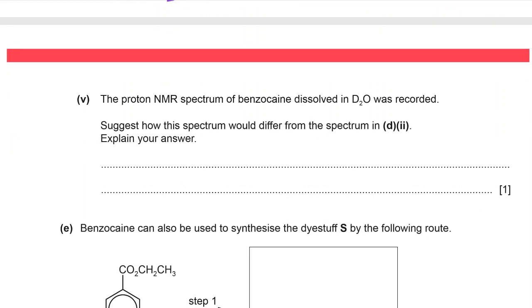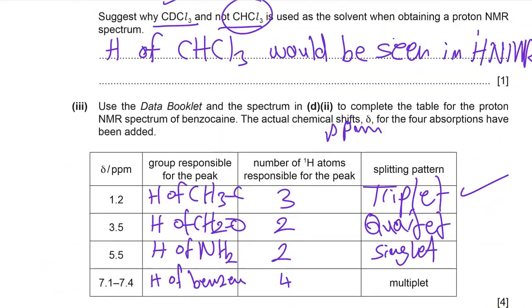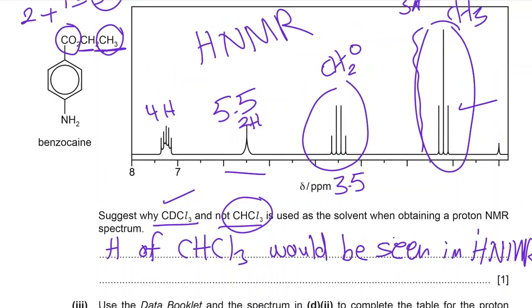The proton NMR spectrum of benzocaine dissolved in heavy water, deuterium water, was recorded. Now ask yourself, in your compound, do we have NH or OH? Yes, we have NH2.